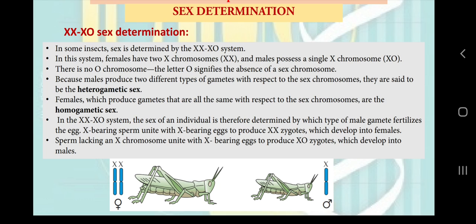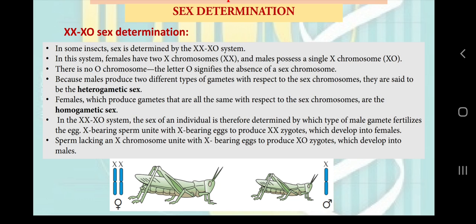So let's consider again the example of human beings. We know that human females have 2 X chromosomes, or X plus X, as sex chromosomes. So they will produce only one type of egg, which always contains X. But as we have also learnt in previous classes, males produce sperms either containing an X chromosome or containing a Y chromosome.